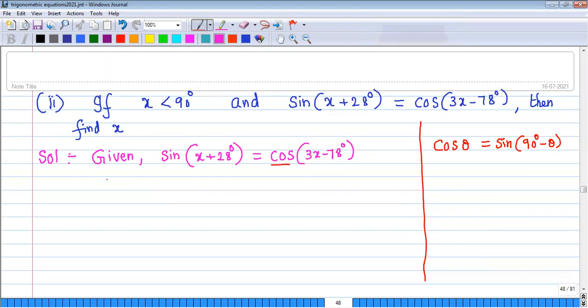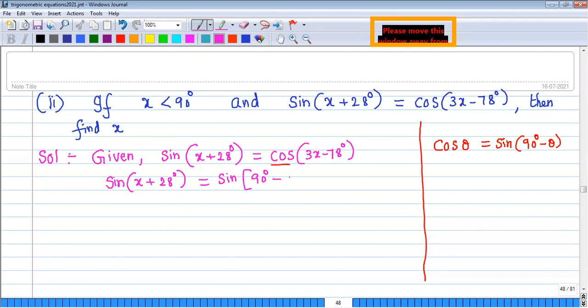So this we can write now: sine of x plus 28 degrees equals sine of 90 degrees minus theta, where theta is 3x minus 78 degrees.